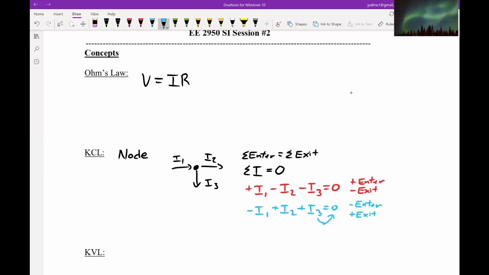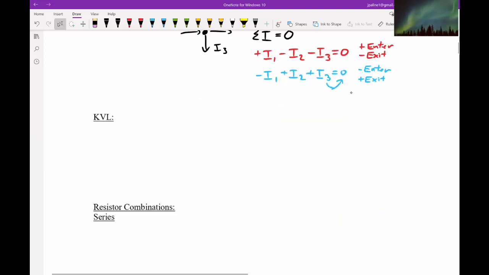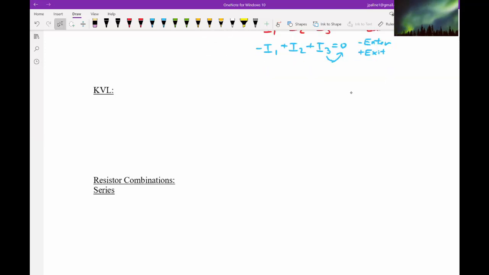Okay, let's look at KVL. KVL is going to be if we have loops. And that says that if we were to sum the voltages in a loop, they should all sum to equal 0.